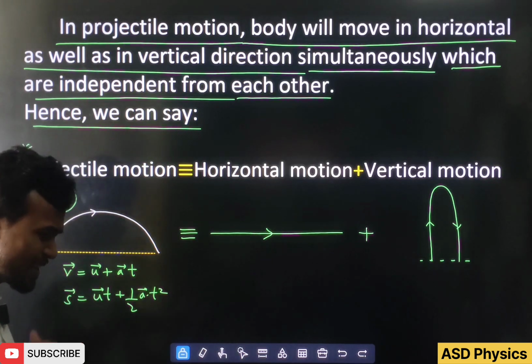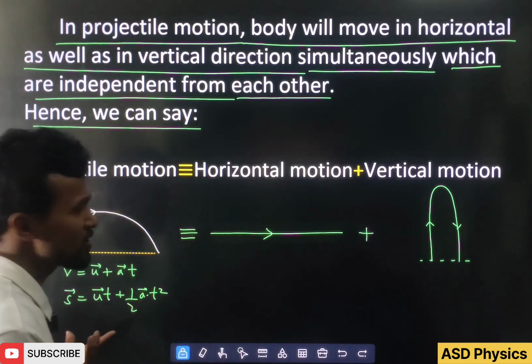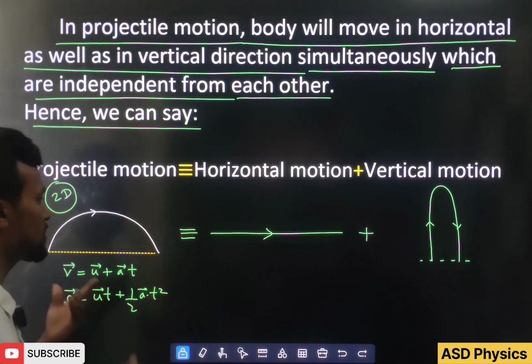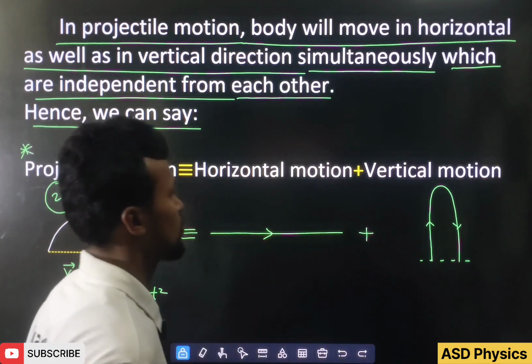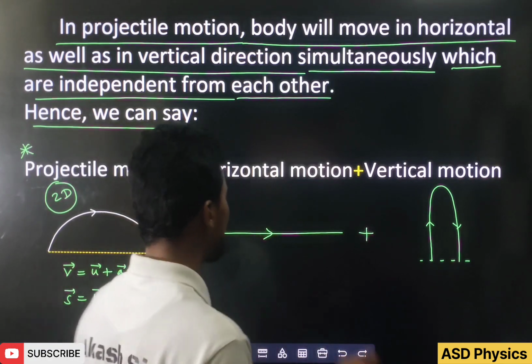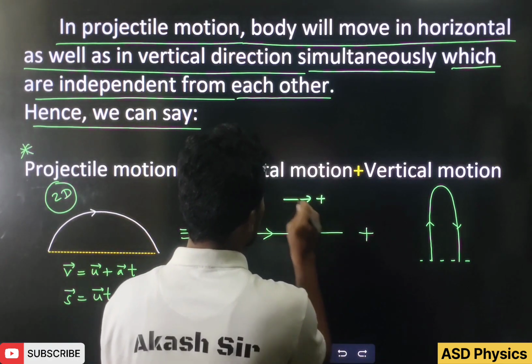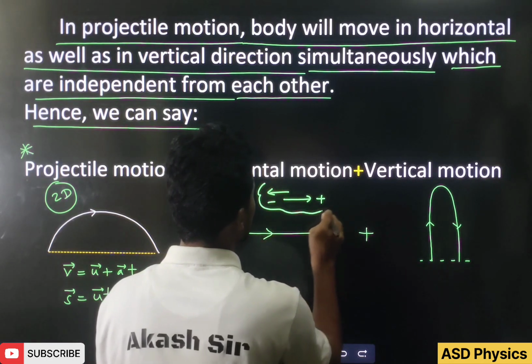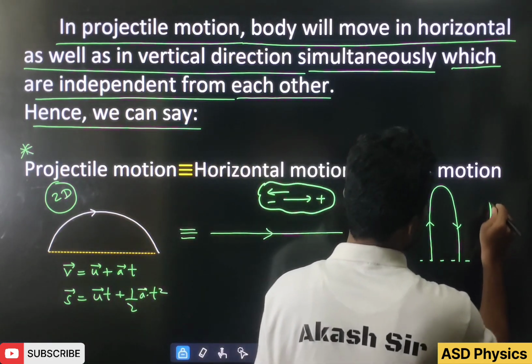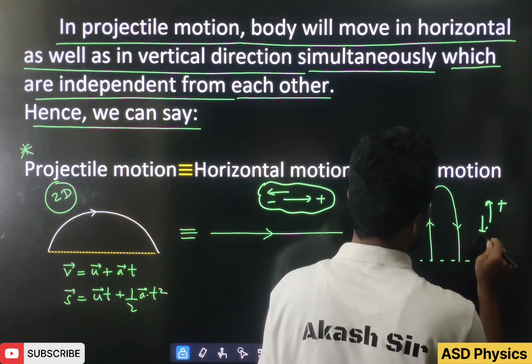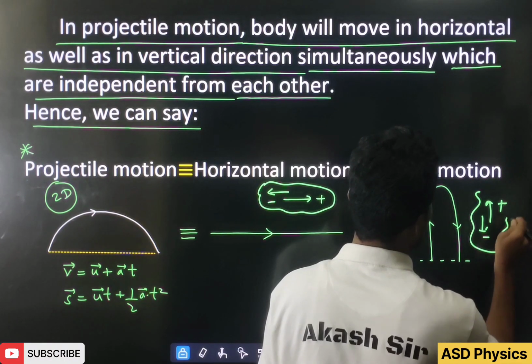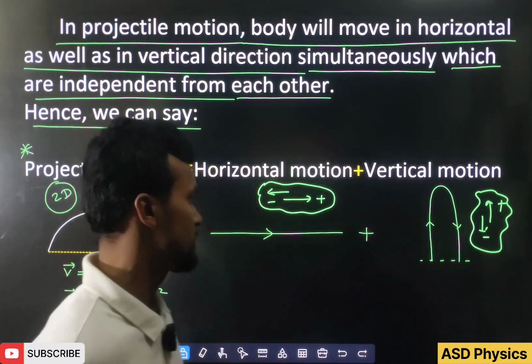But writing equations again and again in vector form will be somewhat complicated. So we will divide into two parts, horizontal motion and vertical motion. If I'm not telling anything about sign convention, the basic mathematical sign convention will be followed: upward plus, downward minus. Wherever I forget to tell the sign convention, this sign convention will be there.